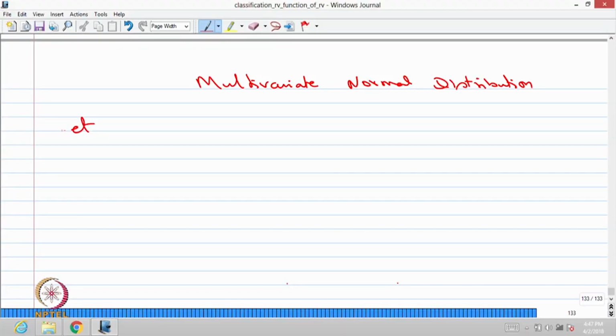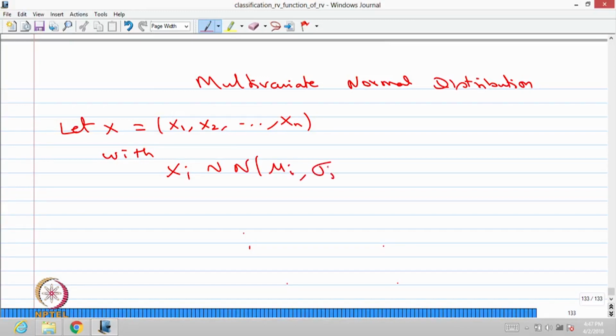Let X be a vector whose elements are X1, X2 and so on, an n-dimensional random variable of continuous type, with each random variable Xi following a normal distribution with mean mu i and variance sigma i square, for i equal to 1 to n.